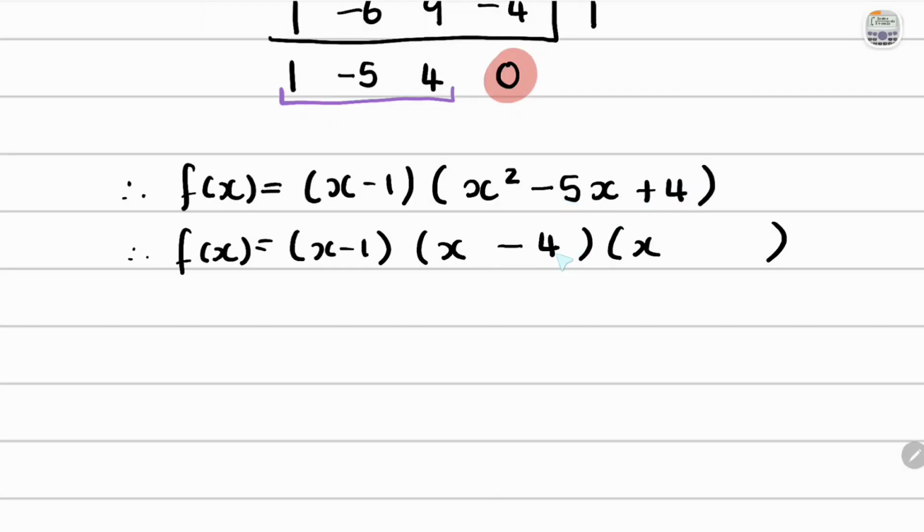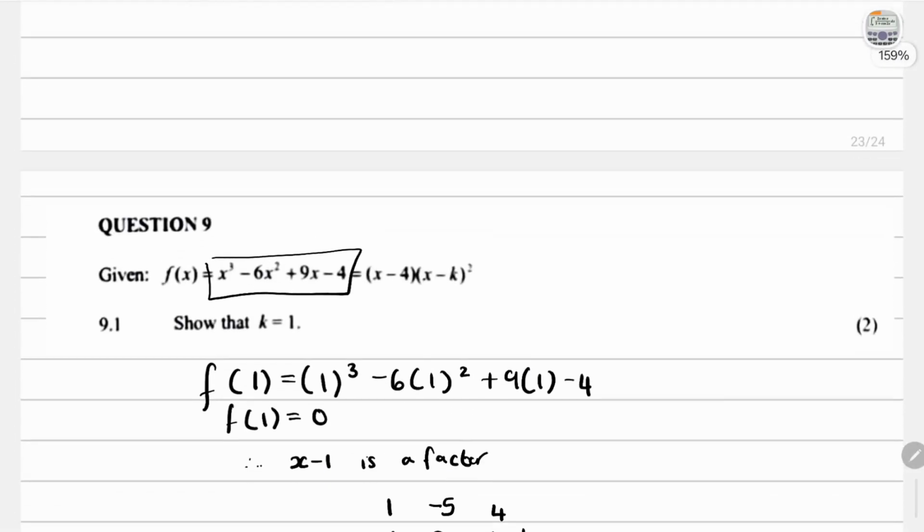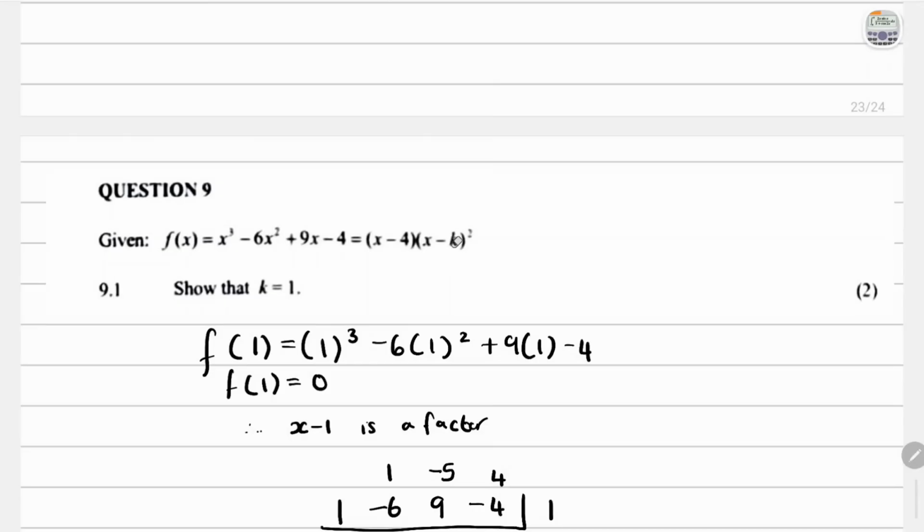You can try negative 4 and minus 1, because negative 4 minus 1 is negative 5, but negative 4 times minus 1 is positive 4. Therefore, if you factorize, you see that these two are exactly the same. So they can be written like this. They really just multiply. So you have the x minus 4 and x minus 1 squared, just like they have there. So now we can clearly see what k is.